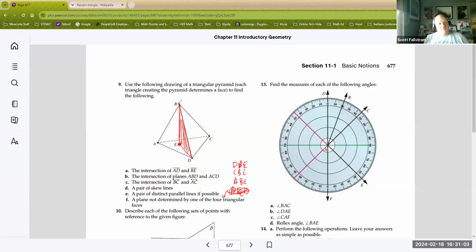Now, notice all three of these have B, and that's because B is the only point that's not on that plane right now. So we have to use B as we're determining a new plane, because we don't want it to be one of the triangular faces. So if I pick C, D, and E, that's going to be the bottom one. A, E, and D, that's the bottom one again. So that's why all of those happen to have B included.